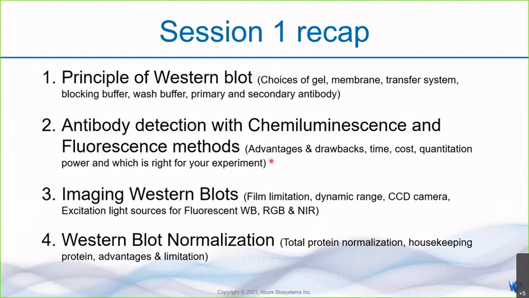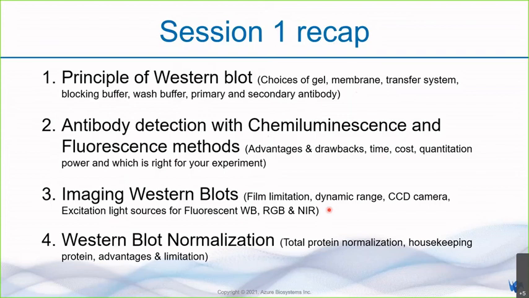We discussed the advantages and drawbacks of each, time and cost taken, quantitation power, and which is right for your experiment. We also talked about how to image Western blot, in terms of film limitation, dynamic range, differences in CCD camera, and also excitation light sources, for instance, the comparison between RGB and near infrared signals as well.